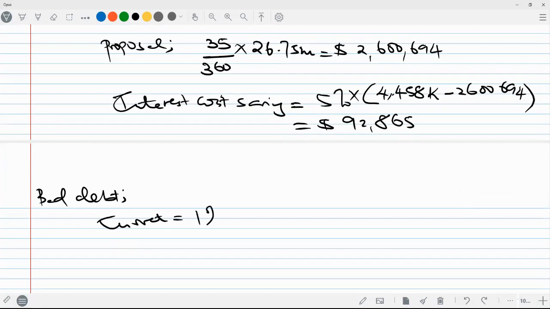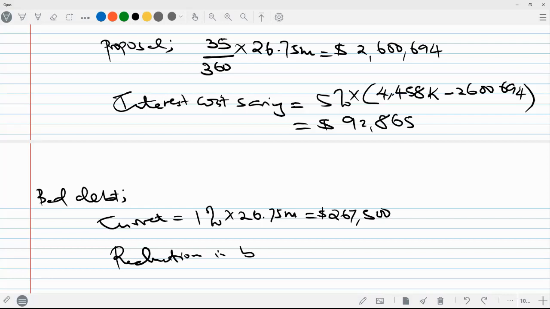So the current bad debt is 1% times 26.75 million, to give us 267,500. We know that if the company implements the proposal, the bad debt will decrease by 20%. Therefore, the reduction in bad debt expense.